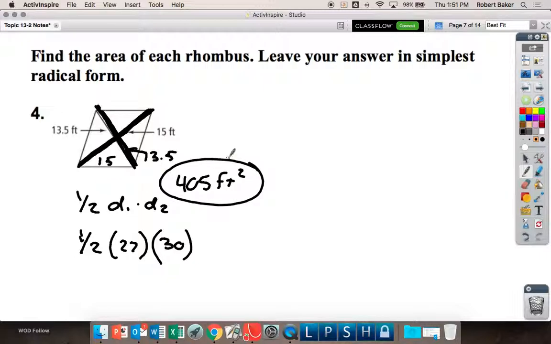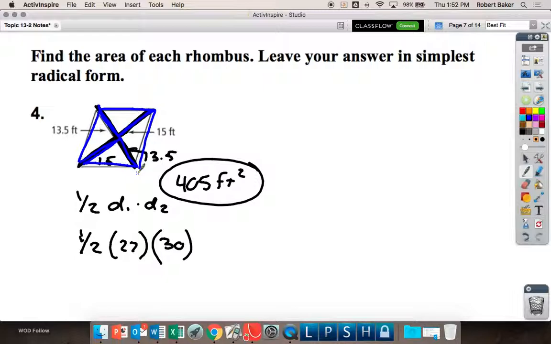If that's just too complicated, you can find the area of this triangle, and add it to the area of this triangle, and add it to the area of this triangle, and add it to the area of this triangle, if you wanted to.